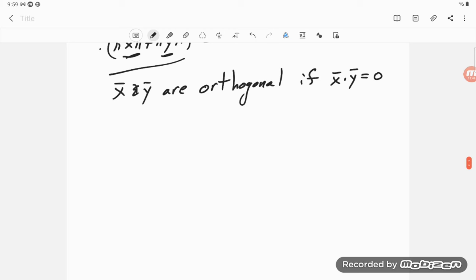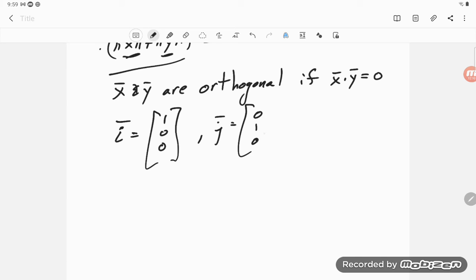And so then finally, again, we can talk about bases. Here it is very typical to name this vector, the standard unit vector in the x direction, as i, the standard unit vector in the y direction as j, and the standard unit vector in the z direction as k.